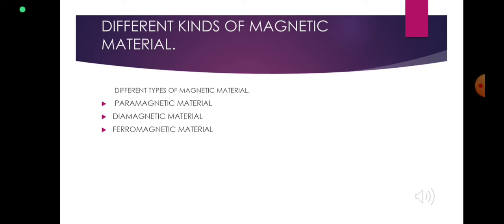Before understanding the diamagnetic material, ferromagnetic material and paramagnetic material, we have to understand what is the relationship between magnetization and magnetic intensity. In magnetization and magnetic intensity, we found that both magnetization as well as magnetic intensity are a type of current.